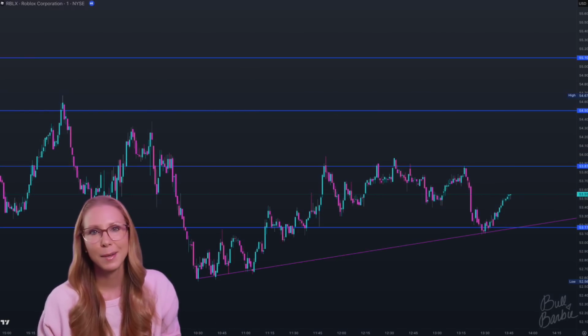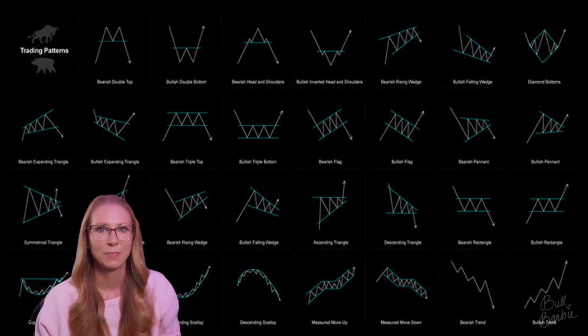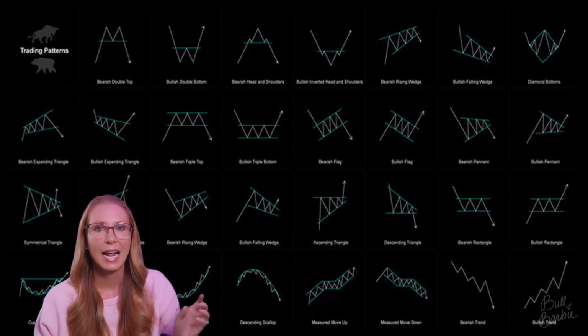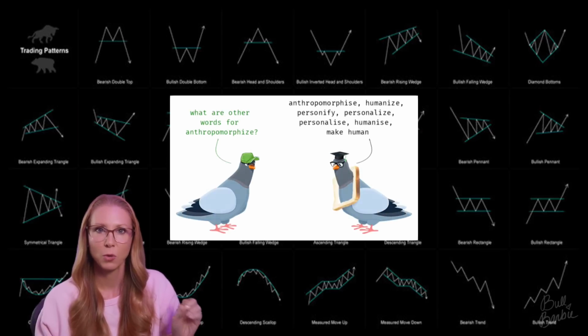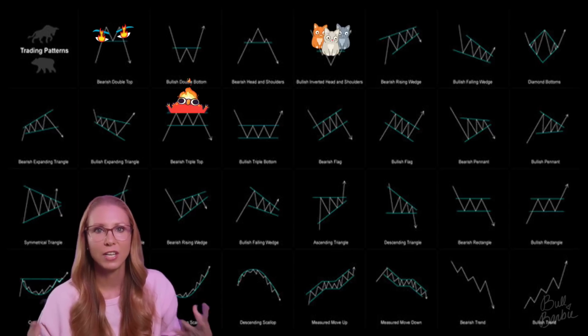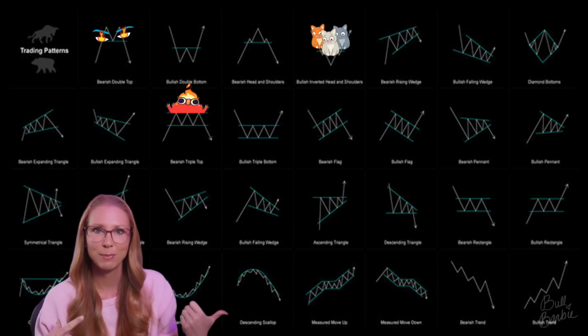So when I say pattern, I don't mean these. You know what this reminds me of? Anthropomorphism, where people attribute non-human traits like faces, emotions, intentions to non-human entities like chart patterns.